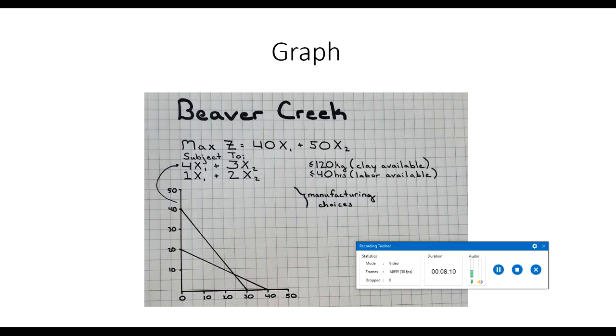If it is above C2 but below C1, we have enough clay but not enough labor. If it is above C1 but below C2, we have enough labor but not enough clay. And where it is below both lines, we have both enough labor and enough clay to proceed.